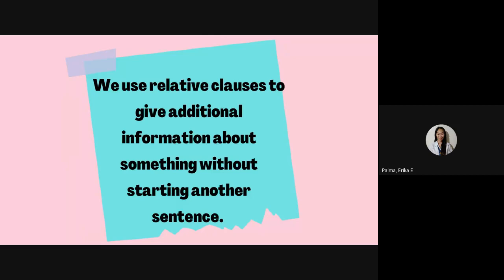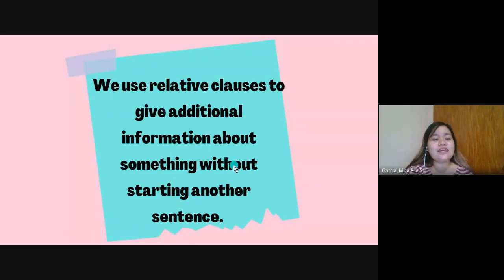We use relative clauses to give additional information about something without starting another sentence. All right. So relative clauses are used to give additional information about something or about the subject without starting another sentence. So two individual clauses are combined using a relative pronoun.